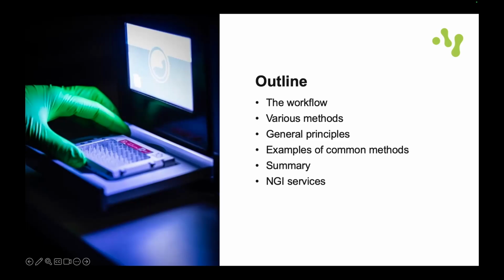Maybe you will deep dive or even think about whether you could tweak the available methods and experiment even further. I will dive a bit deeper into some common methods, and then give a summary. And at the end, I will give an overview of the services NGI can offer on this topic.